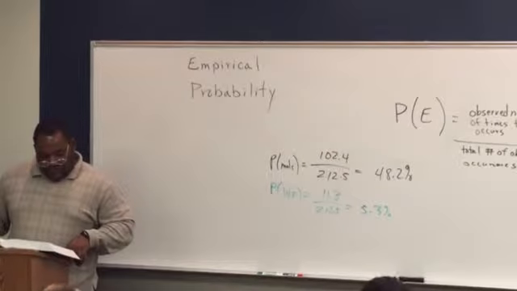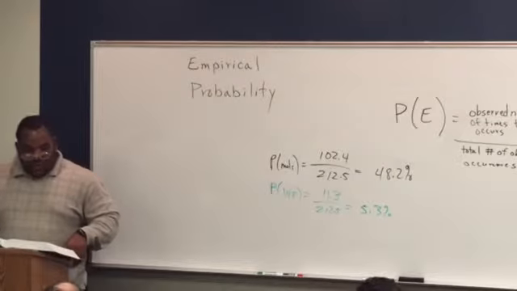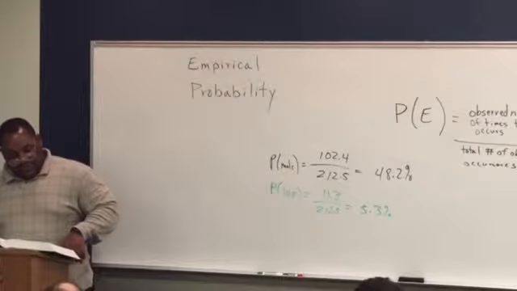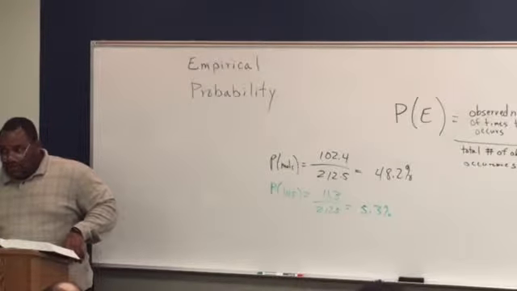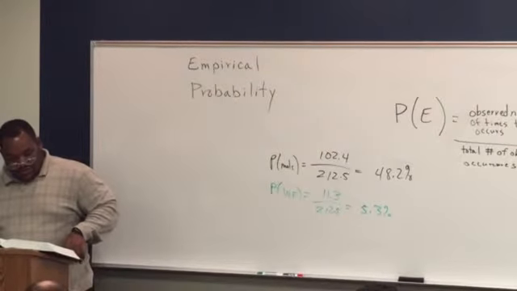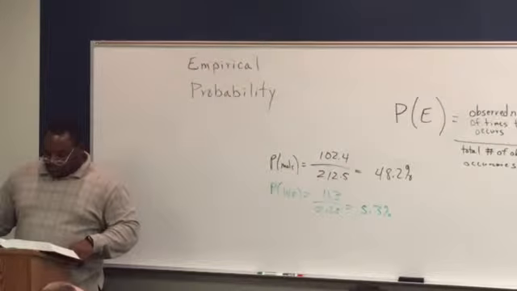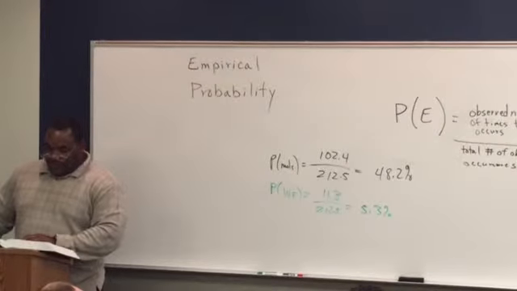So 9.0 divorced males over 21.7 divorced. Should be about 47, 48%, right? It's 41%. You guys get the gist.